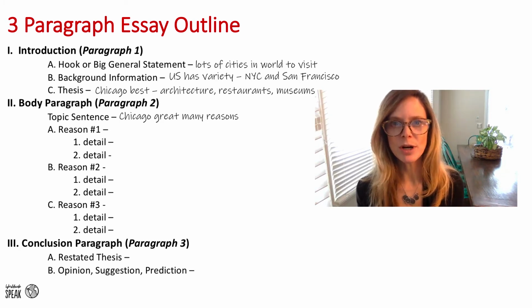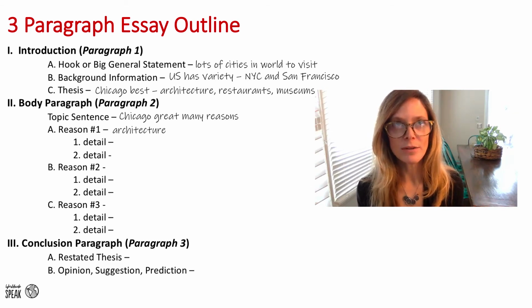Now make sure that your reasons, if you state them in your thesis, follow that same order. In my thesis, I stated architecture first, then restaurants, then museums. So reason number 1 will be, right, architecture.